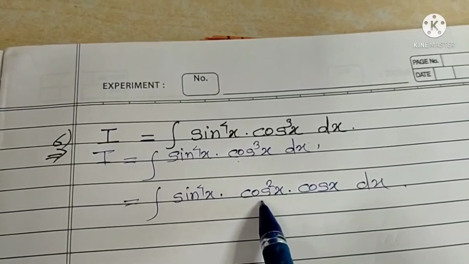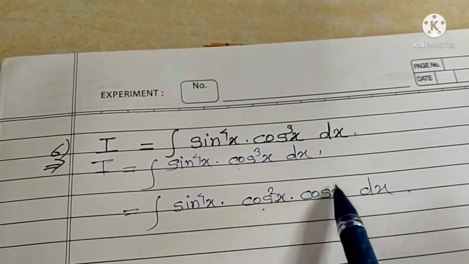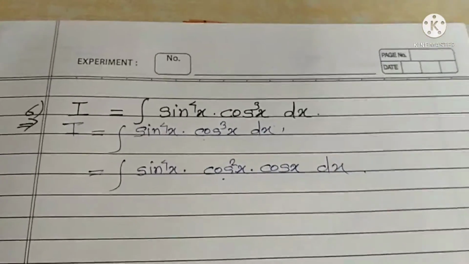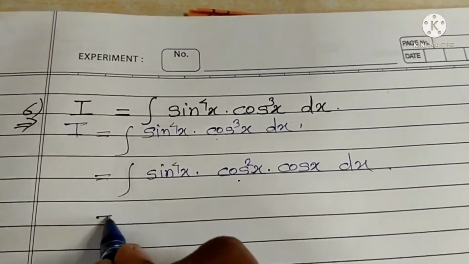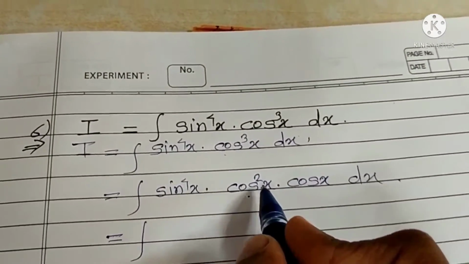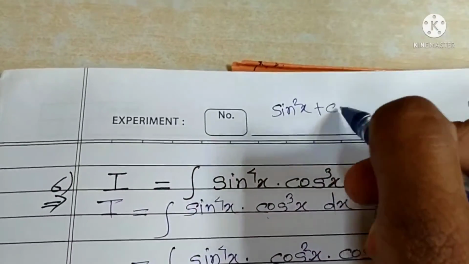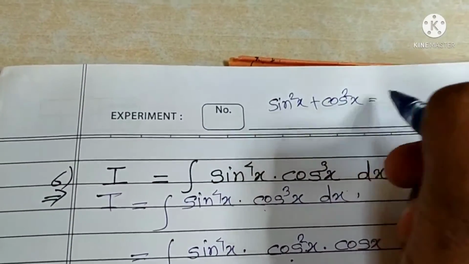So we know the formula a raised to m into a raised to n is equal to a raised to m plus n. So it is 2 plus 1 is 3. Okay. Now we know the identity about cos square x, that is sin square x plus cos square x is equal to 1.